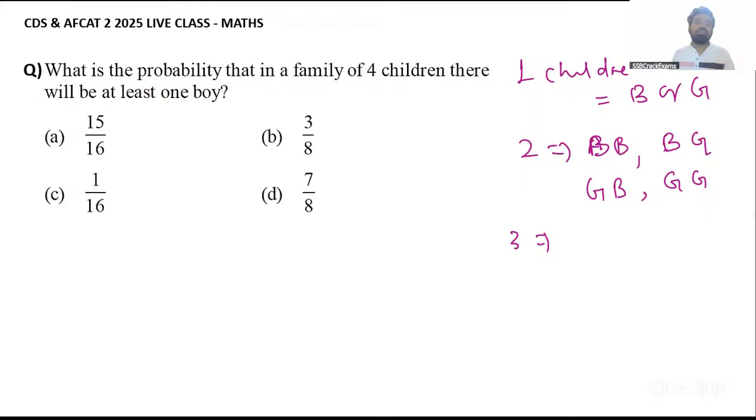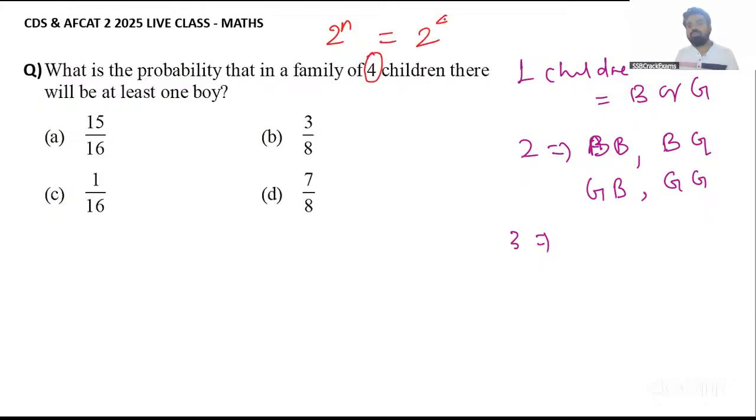I already told you, if we toss a coin n times, the number of elements in the sample space will be 2 raised to power n. It is valid for each event that has only two outcomes. So in this case also, comparing it with the coin experiment, the number of elements in the sample space will be 2 raised to power n, which is 4.